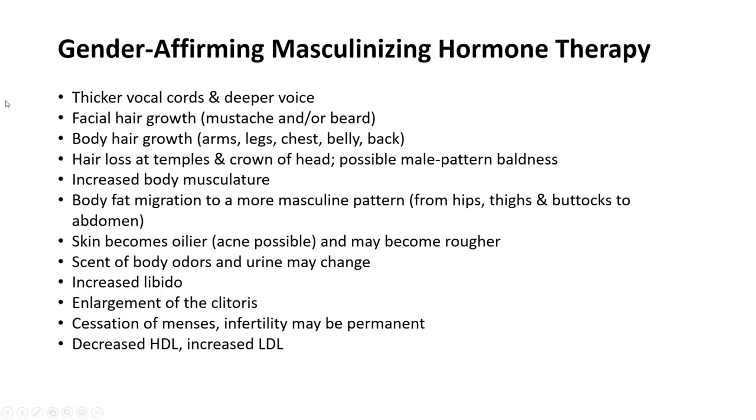And those are the targets: to thicken the vocal cords, to deepen the voice, to increase facial hair growth, increase body musculature, and body fat migration to a more masculine pattern. As skin becomes oilier, there's a possibility of acne, increased libido, enlargement of the clitoris, and cessation of the menses.